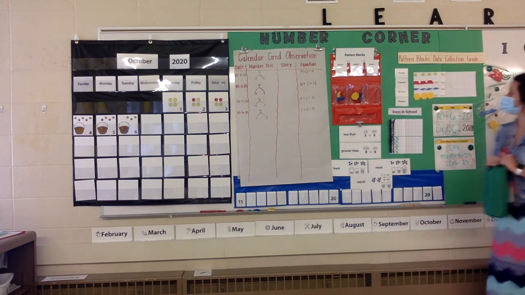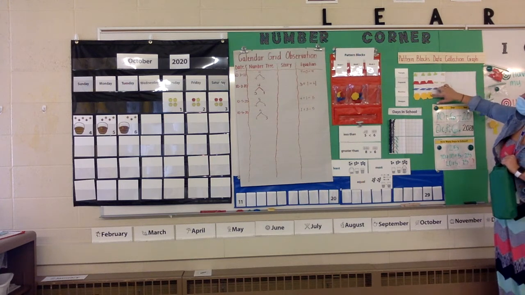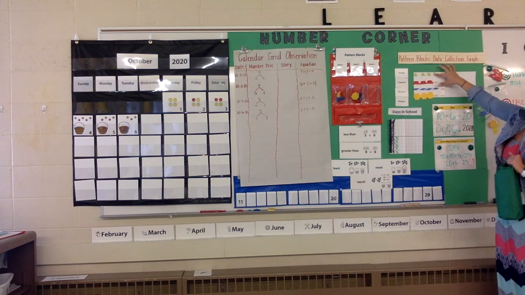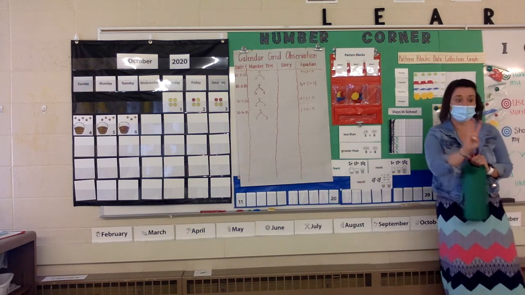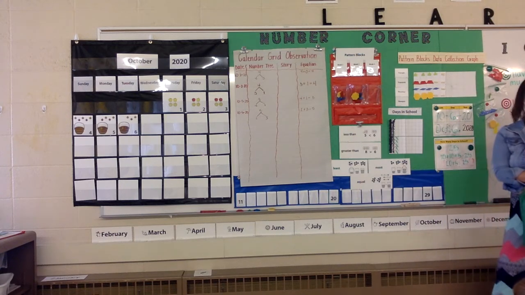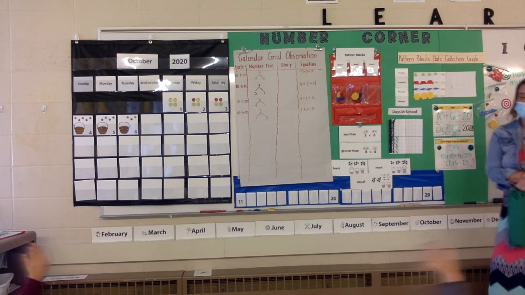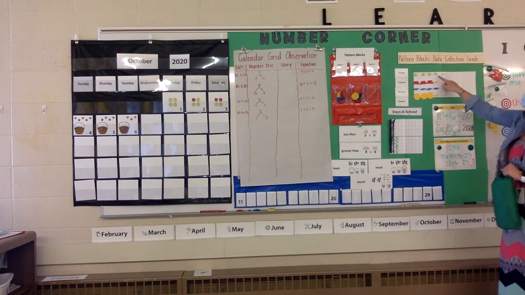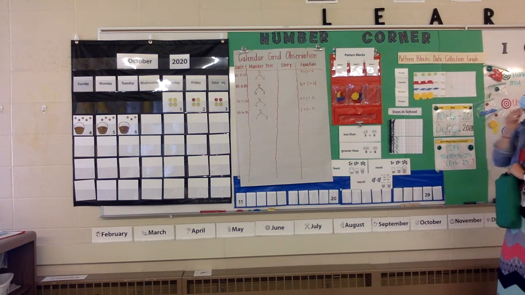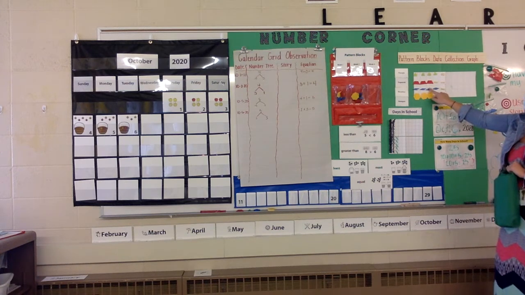The hexagon and the triangles. Hexagon and trapezoid. They each have 3. Which other 2 are equal or the same? June? The triangle and the diamond. What is the fancy word for it?